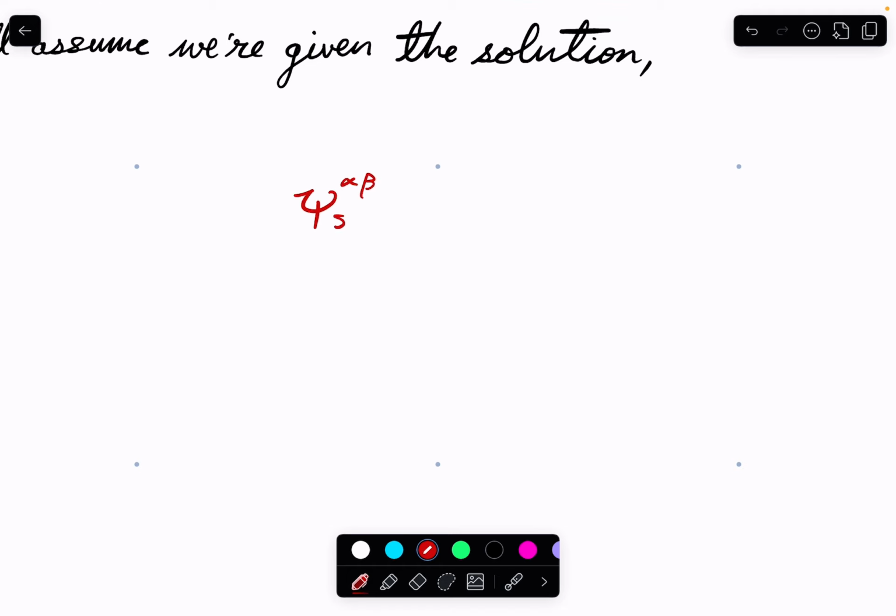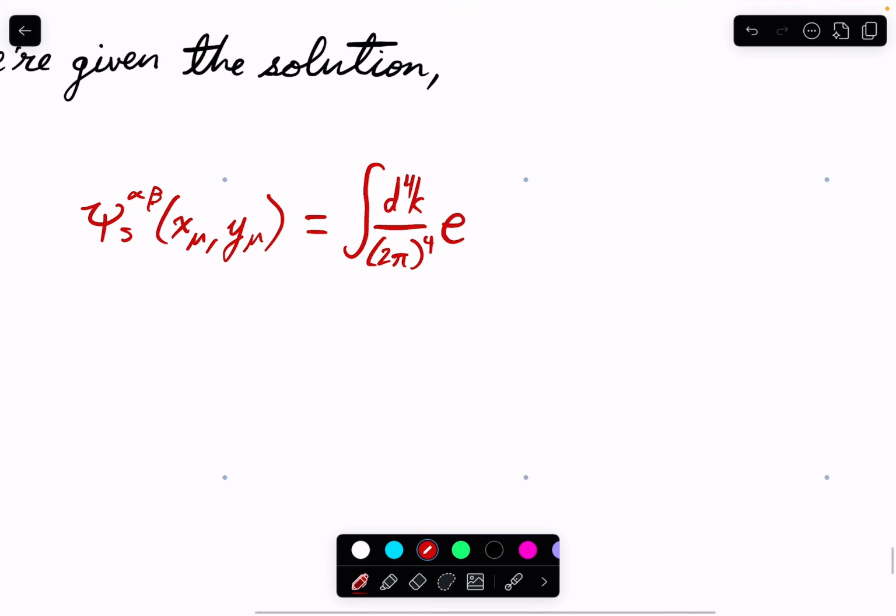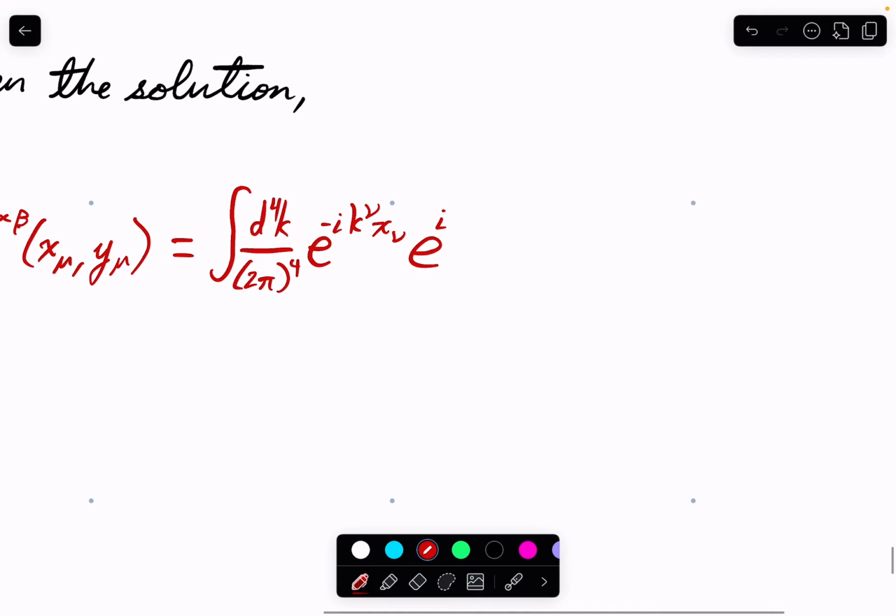So the special solution matrix is going to be the integral over the wave vector space e to the minus i k mu x mu e to the plus i k mu y mu.